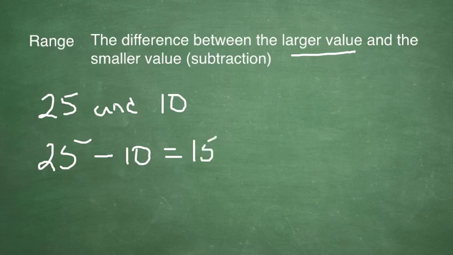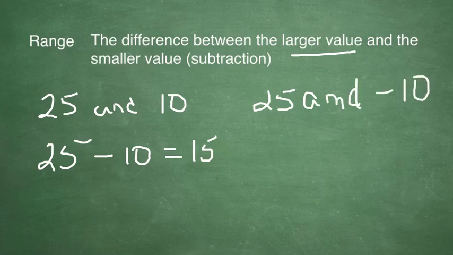This is great with positive numbers, but what if we have negative numbers? We have to be careful because we're subtracting. We could be subtracting a negative number. So this time, let's look at the range of 25 and negative 10. Okay? So now I'm on the left side of 0, and I want to find out how many spaces are between negative 10 and 25.